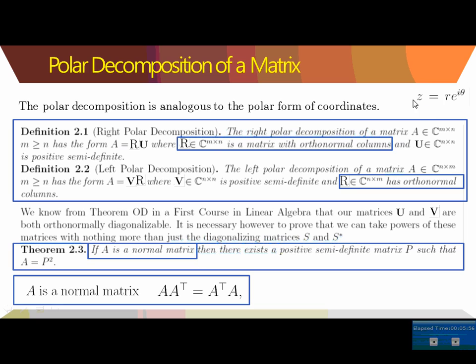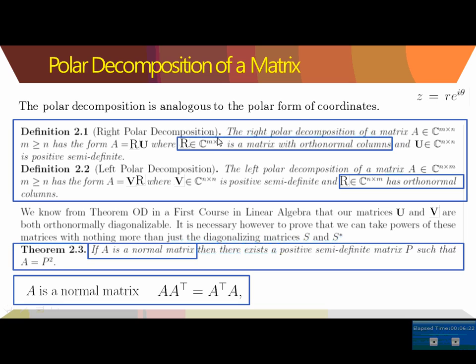You know the polar coordinate form z is equal to r times e to the i theta. Here, this e to the i theta part works for the rotation, and this r part works for the stretch. So this is why we are using the terminology polar decomposition here. The polar decomposition is analogous to the polar form of a coordinate like this.